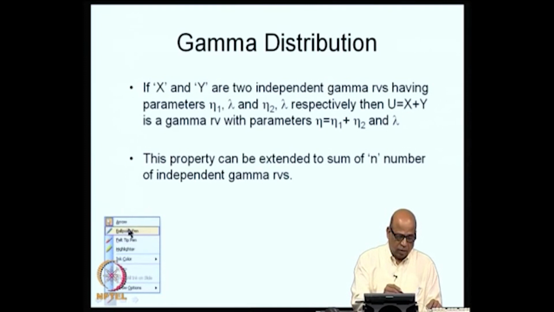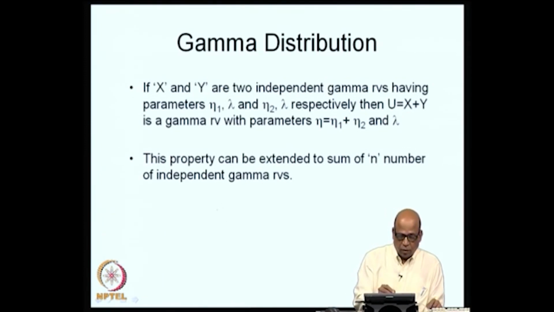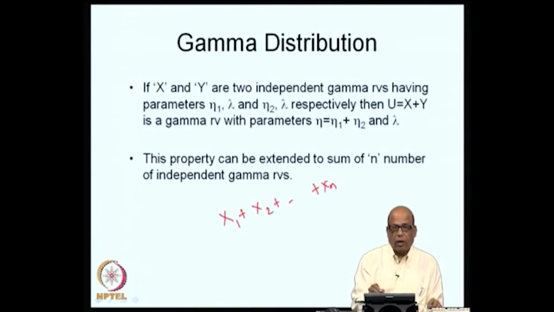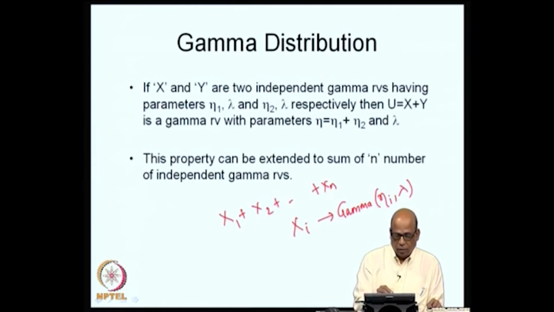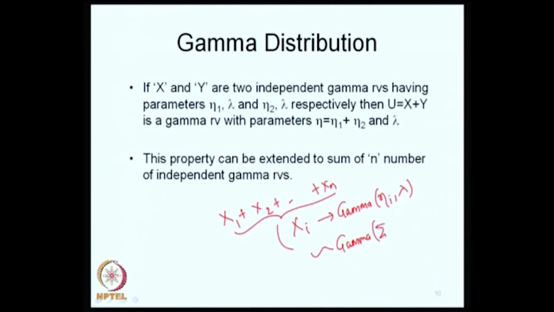What we are referring to now is the sum of random variables x 1, x 2, x 3 etcetera x n, and x i follows a gamma distribution with parameters eta i and lambda. Then this sum follows a gamma distribution with parameters sigma over n of eta i, and lambda.